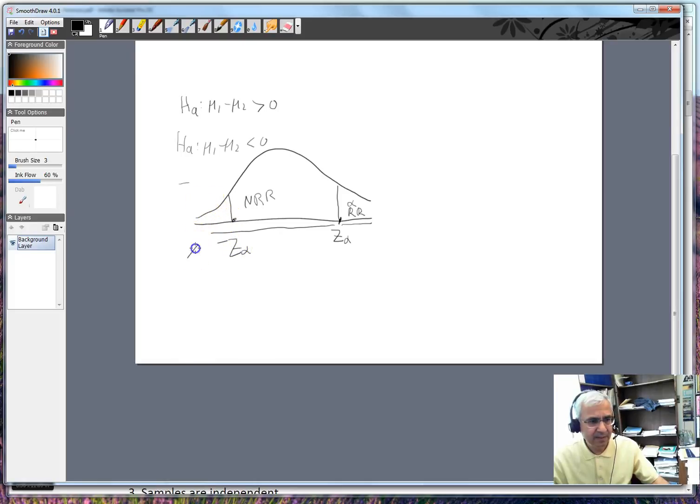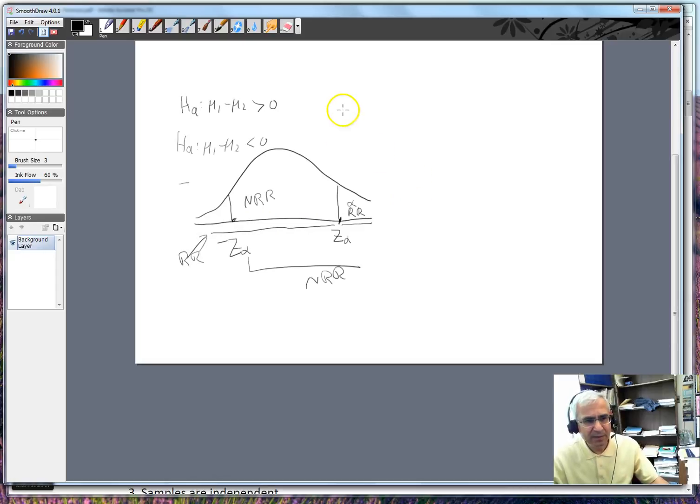And this would be my rejection region in this case, and this would be my non-rejection region. And so I would reject if my test statistic value is below. I would know I have a lower tail test if my test statistic value is negative. If it's positive, it would be an upper tail test.